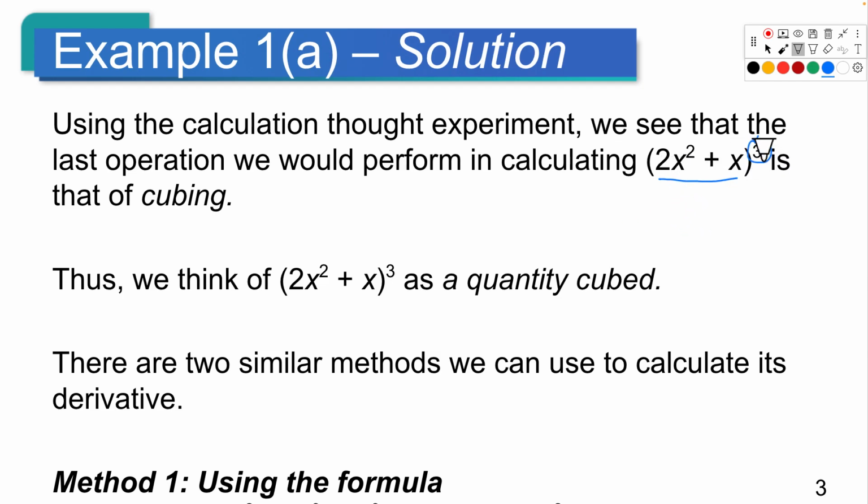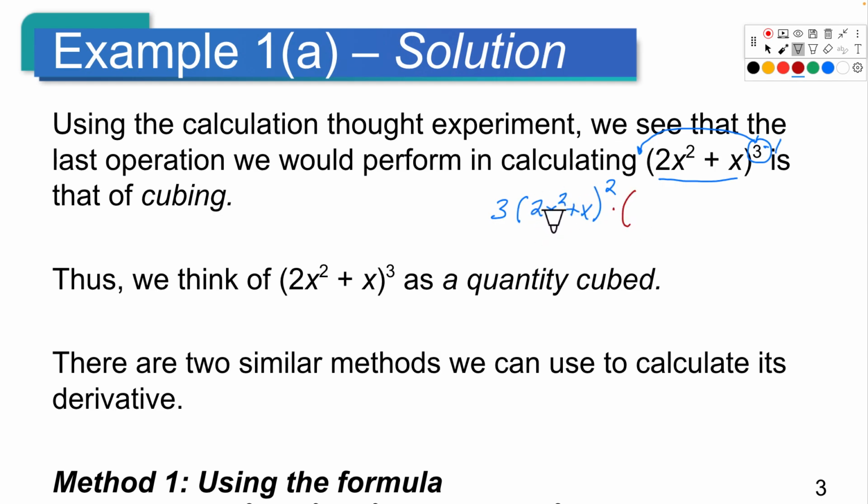The outside part, the exponent comes down, so we get 3. The stuff inside the parentheses does not change. And then we subtract 1 from the exponent. That's taking its derivative, right? That's the outside part. And then the second step is taking the derivative of the inside part.